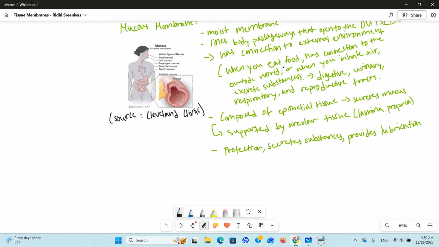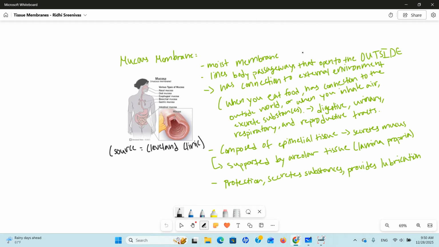Okay. So next we have the mucous membrane, also known as the mucosa. It is a moist membrane which basically lines body passageways that open to the outside, connecting to the external environment in some way. Some examples of places that mucous membranes are found are along the digestive, urinary, respiratory, and reproductive tracts.